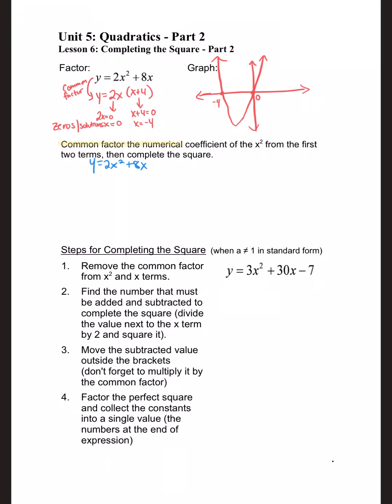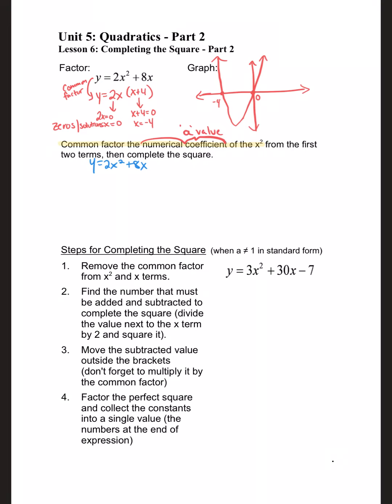We're going to common factor the numerical coefficient of x squared. When they say the numerical coefficient, they mean our a value. So whatever a is, we're going to common factor that out. Just a. We're not going to common factor it out in x this time.